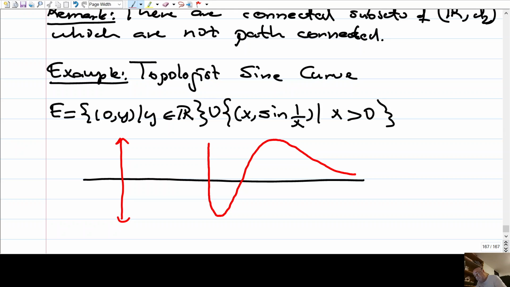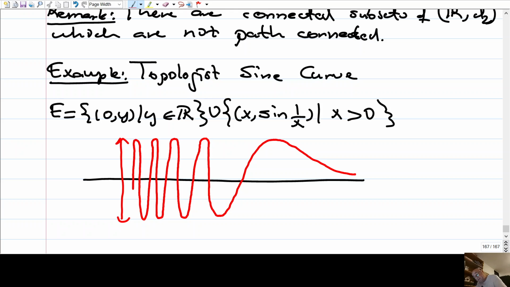It is the sine function basically, but the whole graph is just squeezed into a finite interval, so that this graph goes infinitely many times up and down.